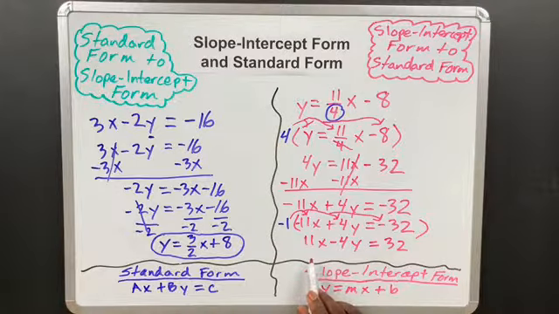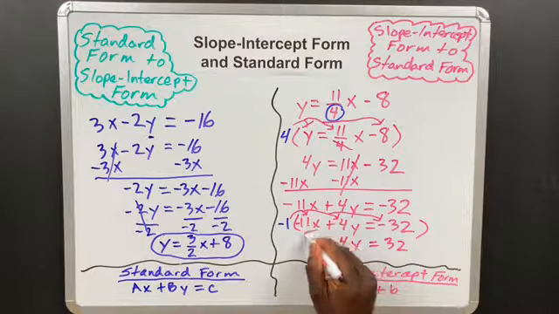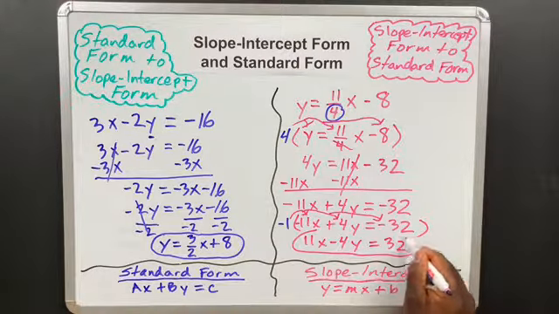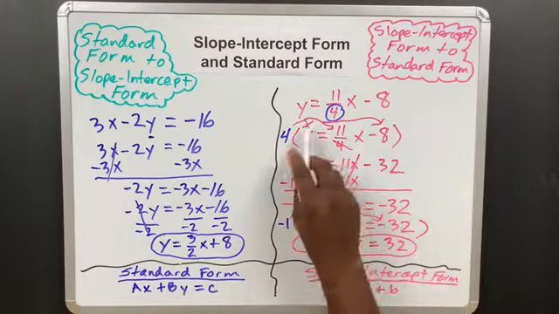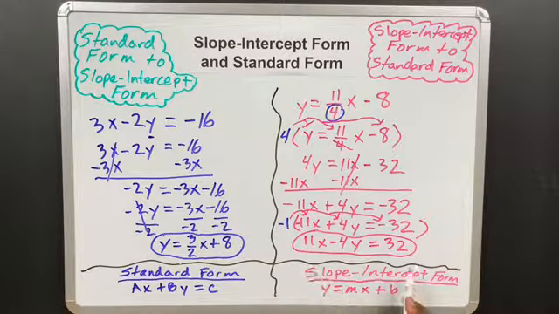Now, I could write this as 11x plus, where the plus is there, negative 4y equals 32, but I'm just going to leave it right here for now. So we got so much writing. This is our final answer. We have successfully converted a linear equation originally written in slope-intercept form to standard form.